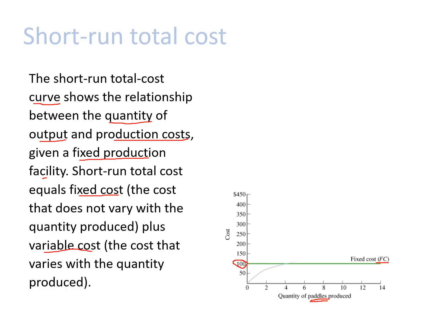In addition to these fixed costs, there are variable costs, and these variable costs will change depending on how many paddles are produced. The variable costs will not necessarily change in a fixed line. As we discussed in the previous slide, we might have differing improvements in output for each unit of input.